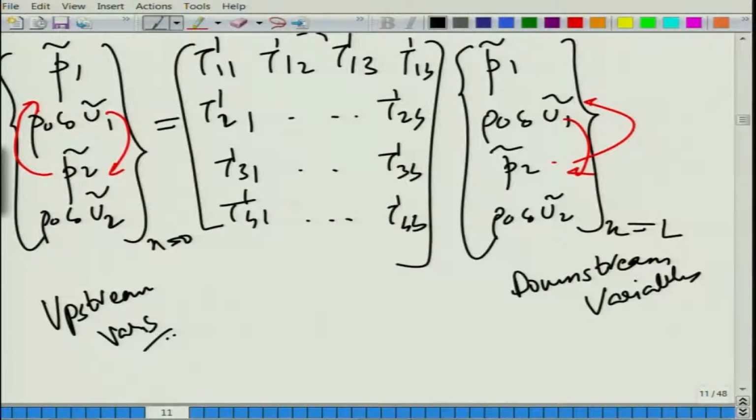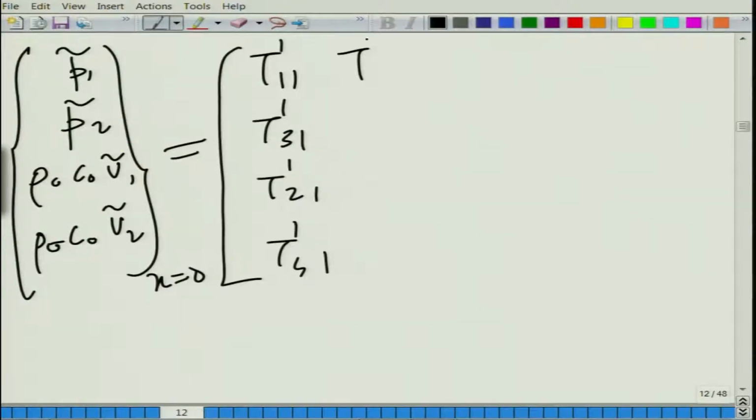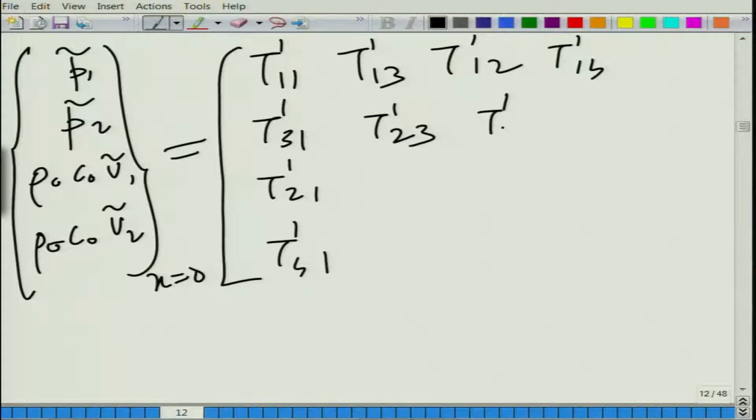This comes here, this comes here. So, as a result, what we would really have is T13, T12, and nothing will happen to this thing. Similarly, this will become T23 and T22, T24, and I am so sorry, my mistake.